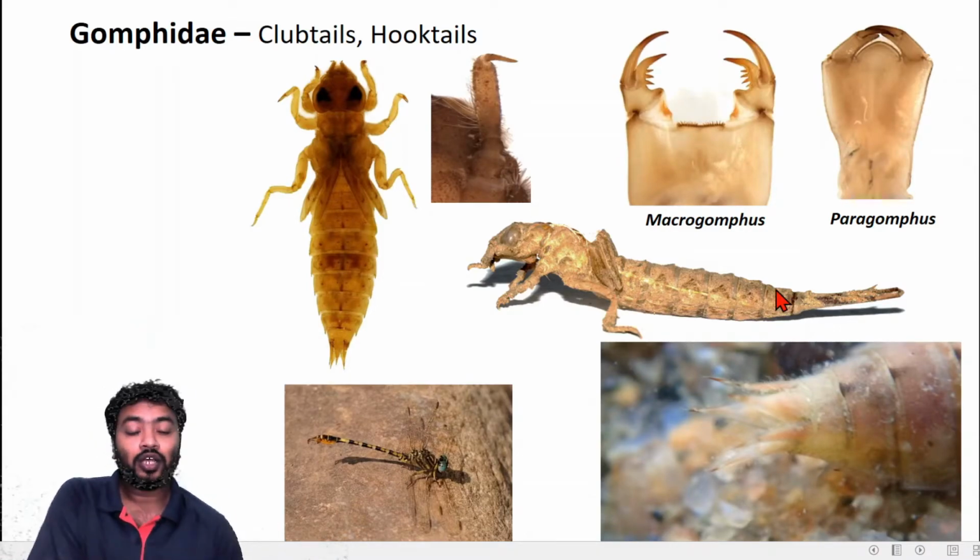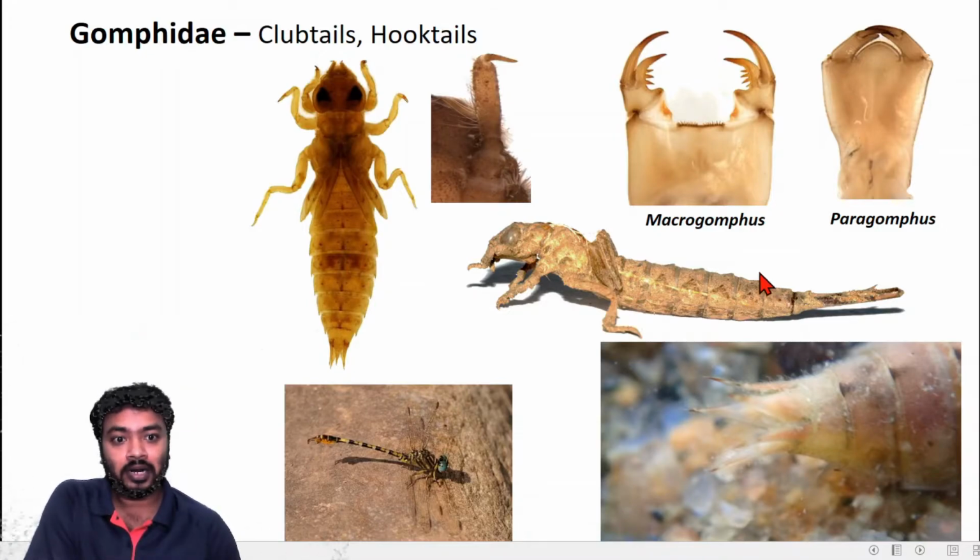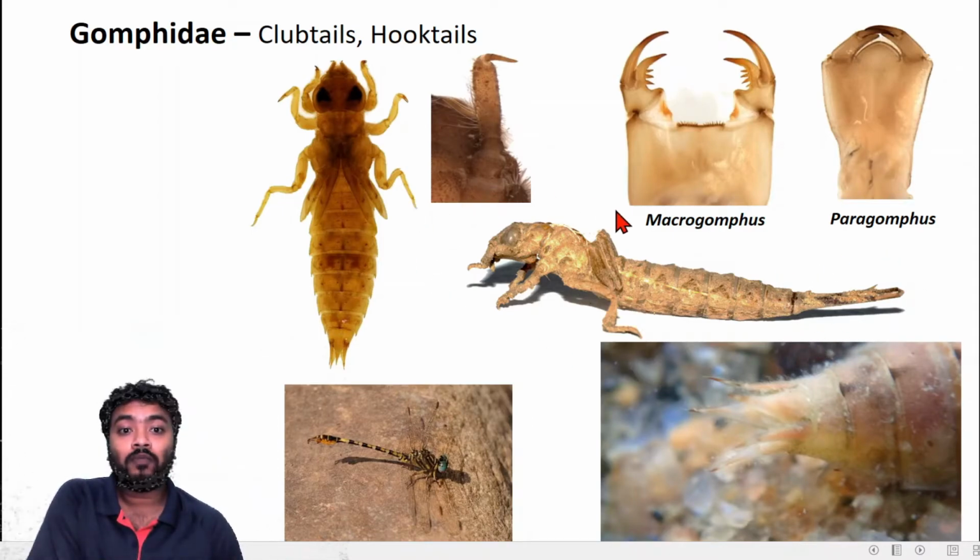So those species which burrow deeper have a longer abdominal segment. So this is a Macrogomphus species, Macrogomphus probably wynaadicus, because this one is collected from Thartekar. So this 9th segment is a very unique character for Macrogomphus.